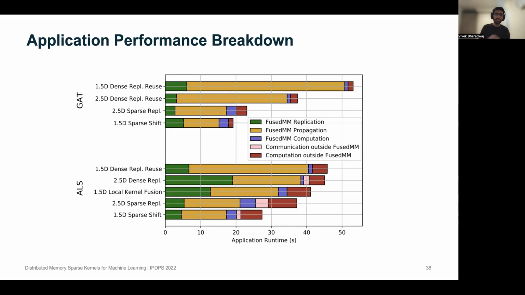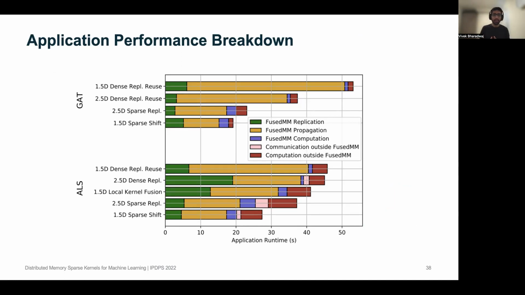We run 20 iterations of ALS and benchmark the performance and breakdown, as well as a toy graph attention network with random weight matrices to test the scaling performance. So you'll see here that the time breakdowns and the overall results match those of our strong scaling experiments.